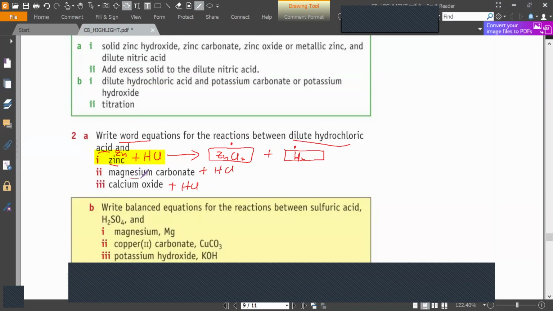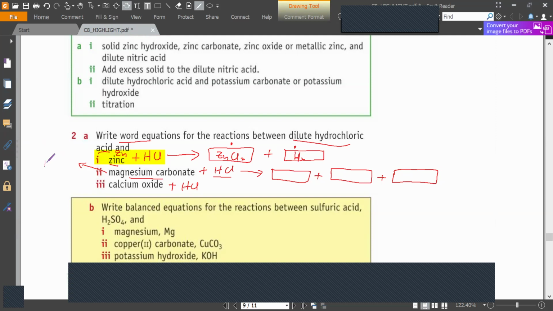Second one, magnesium carbonate plus hydrochloric acid. There are three products, so try to give me the products.